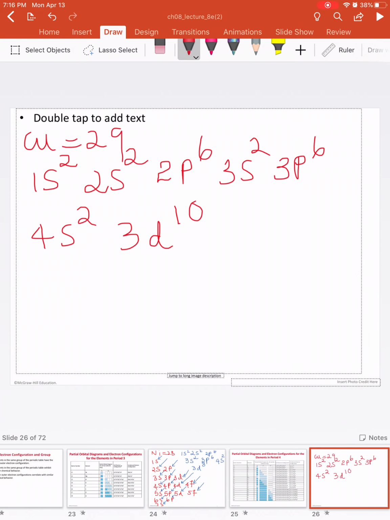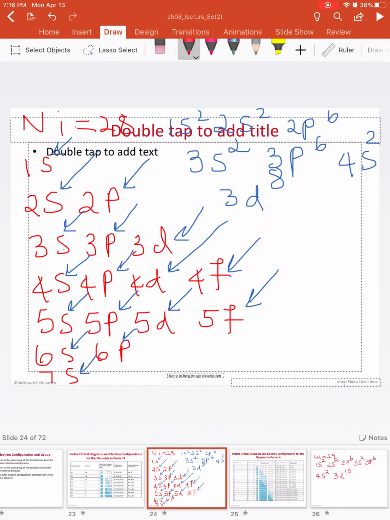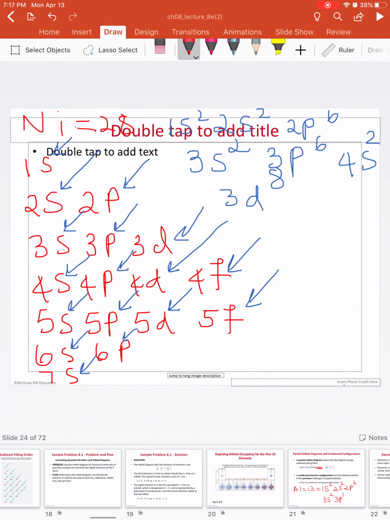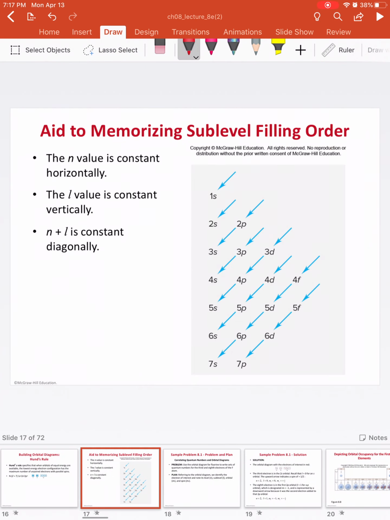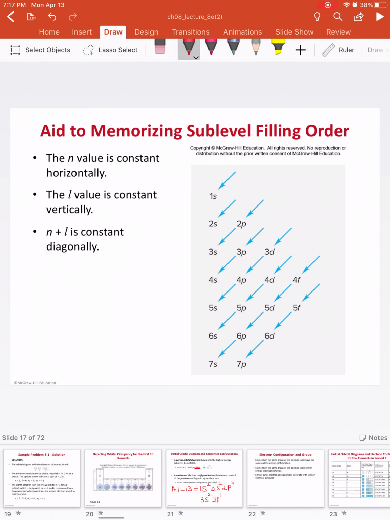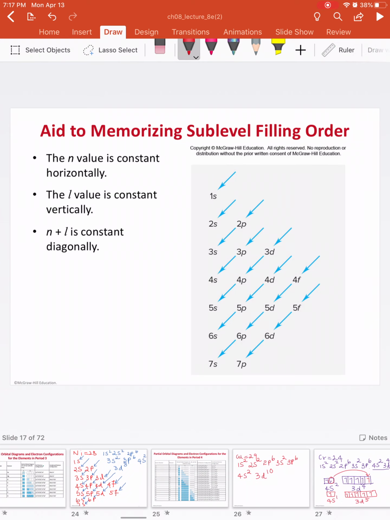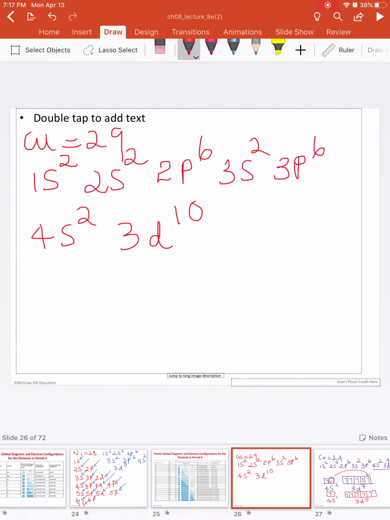Remember, I'm using the order which I showed you earlier. This is what you're going to be using when you're filling up. So after 4s2 comes 3d10. But we might not need all the way to 3d10 because it's 29, so we're going to delete that.